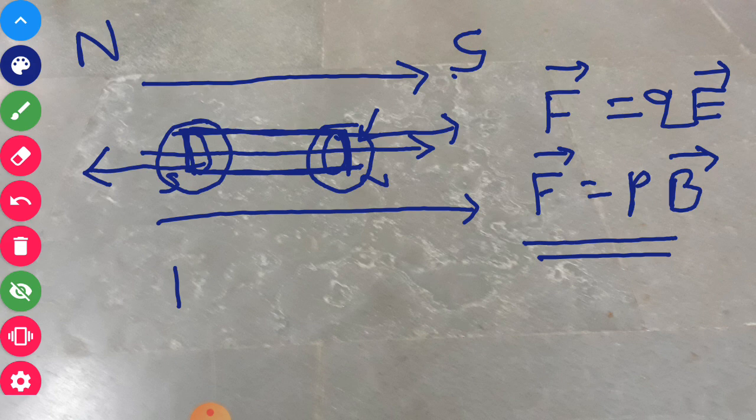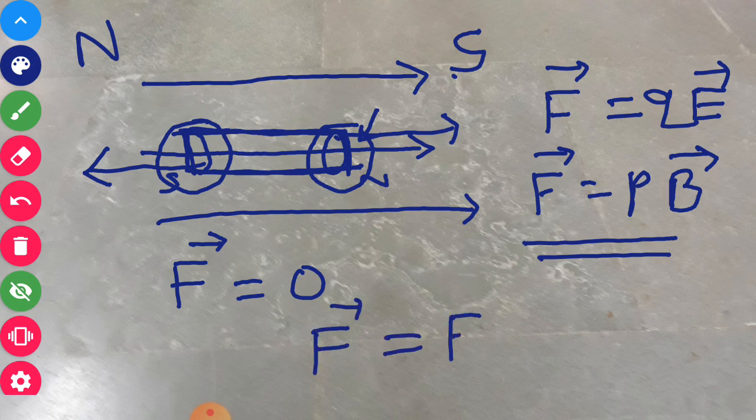So the net force acting will be 0 because they are equal in magnitude and opposite in direction. Or we can say net force is nothing but force on the north pole plus force on the south pole, and both forces are equal in magnitude and opposite in direction.